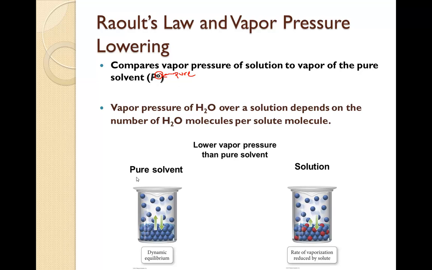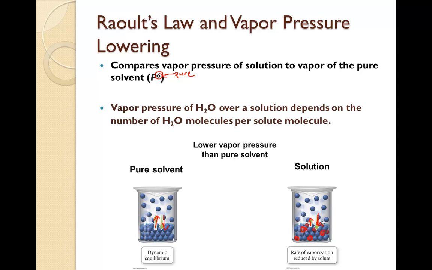the pure solvent here is in dynamic equilibrium, meaning the molecules that are forming into gas and the molecules that are turning into a liquid are happening at the same rate. Once you add a solute to it, notice the red beads here, it's pulling more of the solvent down, so therefore it's creating more of a solvent in a liquid form than it is in gas.